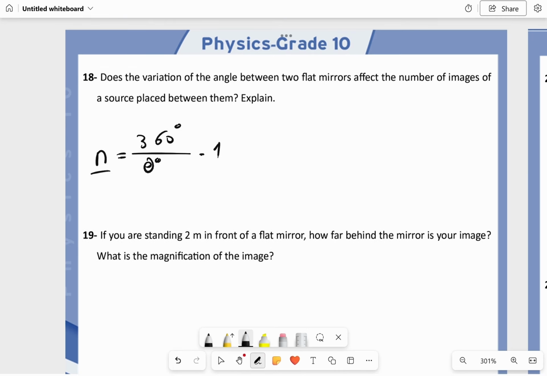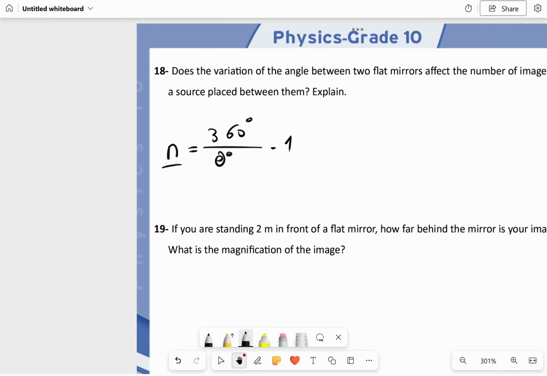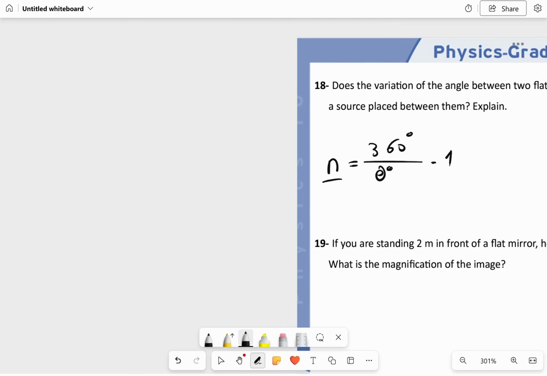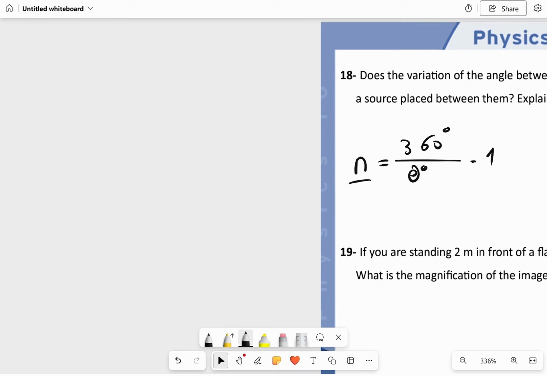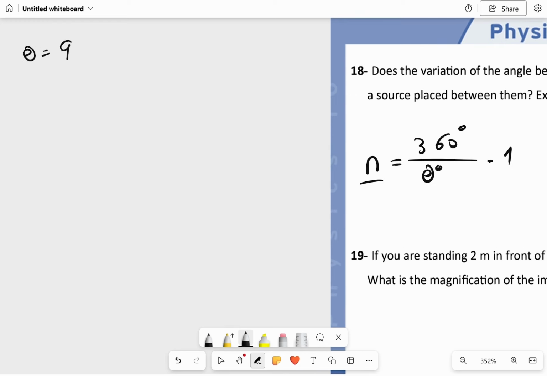Does the variation of the angle between two flat mirrors affect the number of images? Of course, it's going to affect it. So if we have, for example, theta equal to 90 degrees, let's find the number of images. We studied that 3 images are going to be formed. Let's see if that is true. Number of images is going to be 360 divided by 90, minus 1.